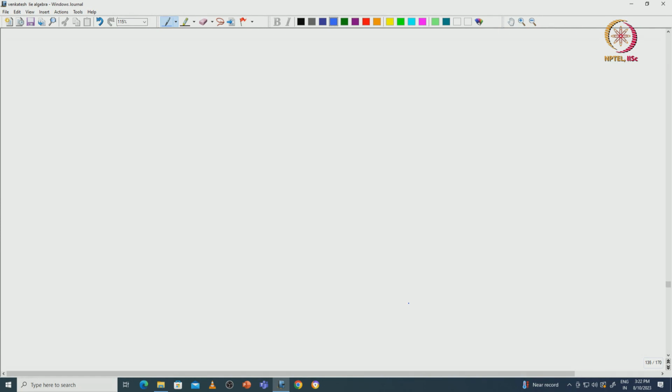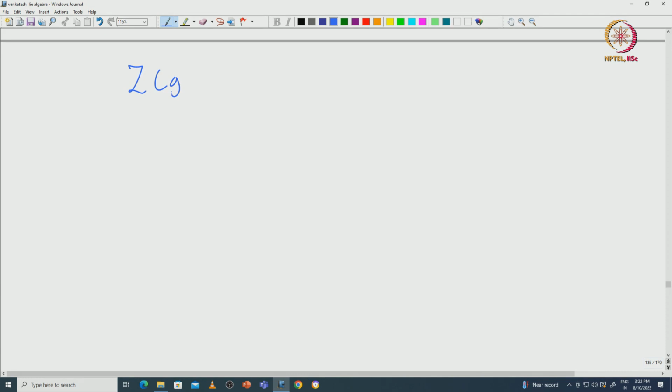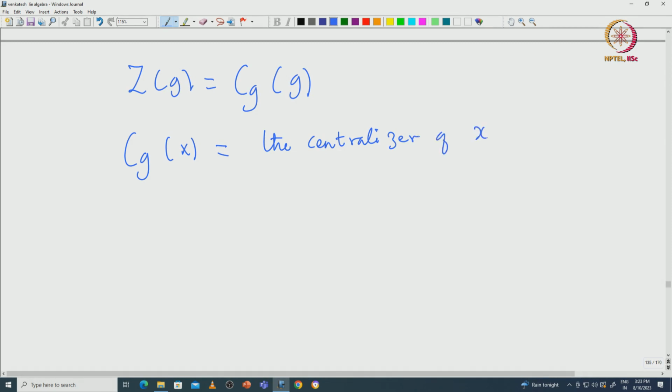So, we have already seen some centralizers. For example, the center of G is nothing but the centralizer of the entire Lie algebra, and we also required centralizers of some particular element. For that we just use C_G(x) instead of C_G of the set {x}. Okay, this is the centralizer of this given element x.